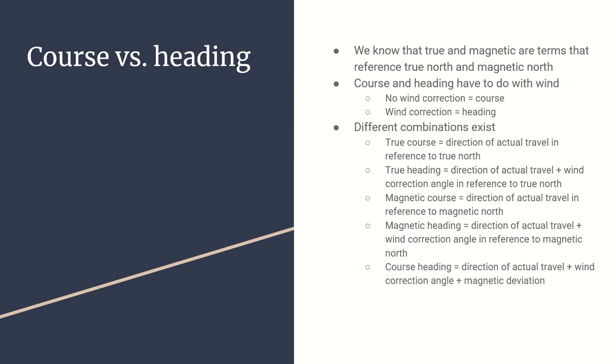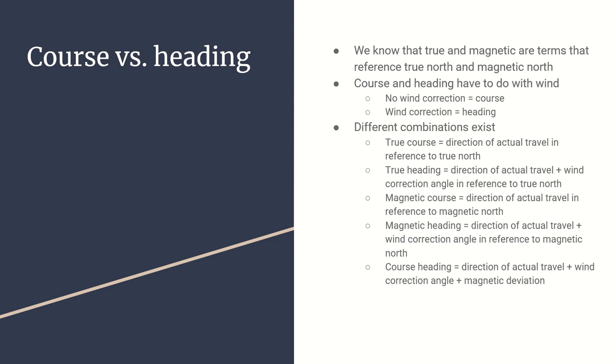If I change to magnetic course, which is what we just found, we know that we have accounted for the variation. And then if we have magnetic heading, we've factored in the variation and we've accounted for the wind correction as well. So we have both of those things. And then the last thing is kind of weird. A course heading, how can it be both? Well, a course heading is really the actual direction you're going, plus the wind correction angle.